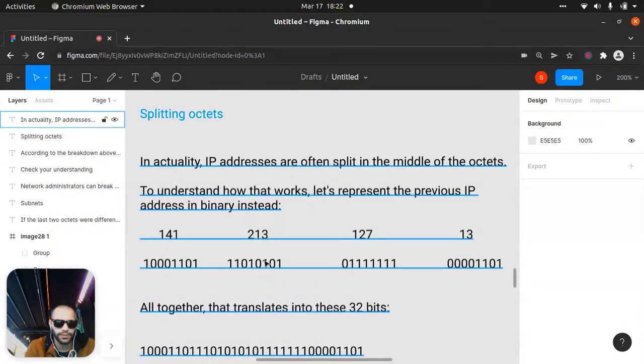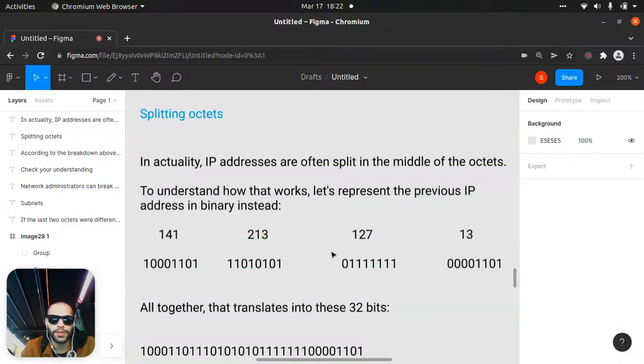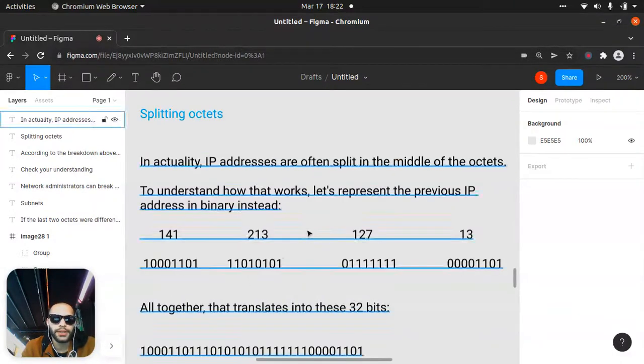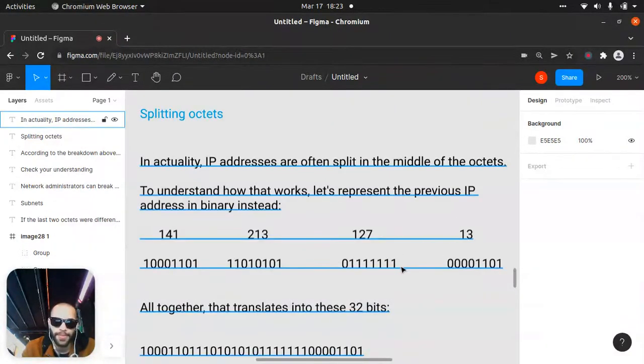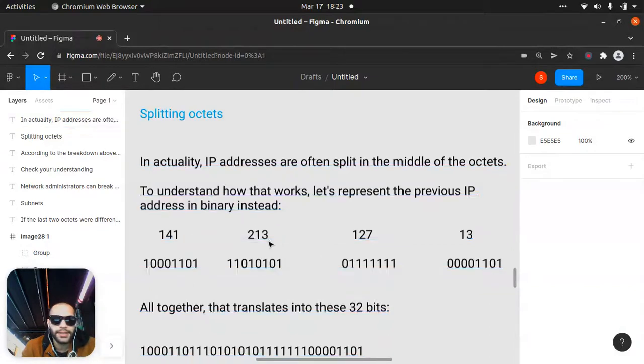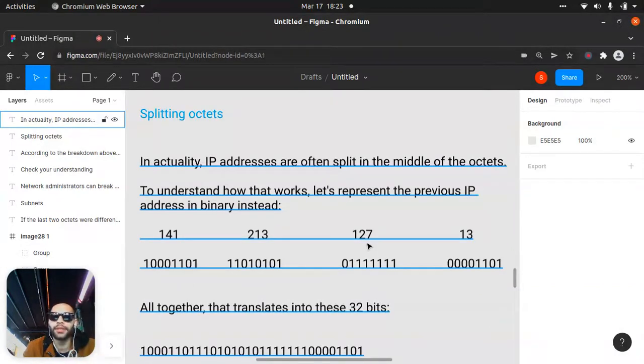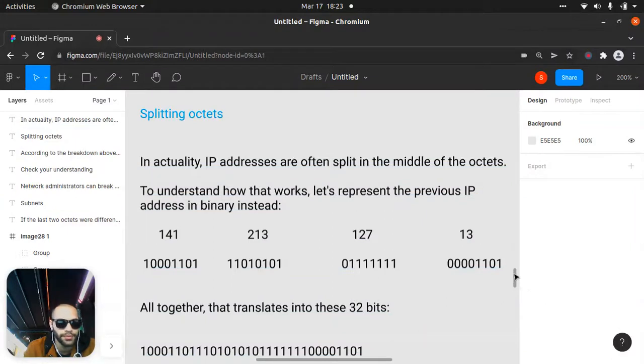It's all the way going like that, so then it will be 141. This is 213, this 227, and the other place is 30. Well, this is computer language. Computers know all these things in binary, they don't know decimal.